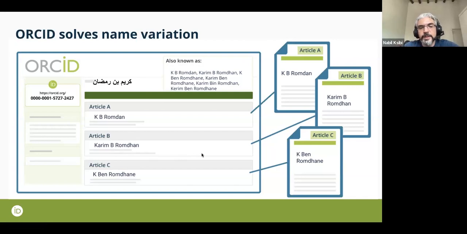But most importantly, these articles are pushed to his ORCID record. So they can be consultable, they can be findable throughout this ORCID record, even if the name is different in different articles.